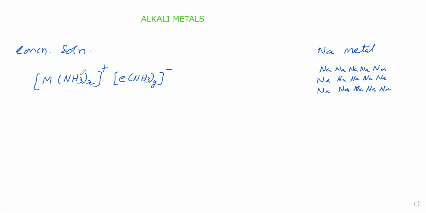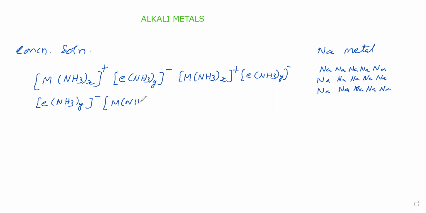Here ammoniated metal ion, here ammoniated electron, next ammoniated metal ion, next ammoniated metal ion, next ammoniated electron, next ammoniated electron, next ammoniated electron, next ammoniated metal ion, next ammoniated electron. Like this, they will be packed.